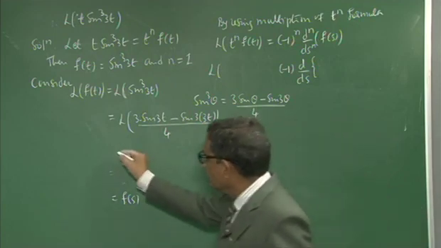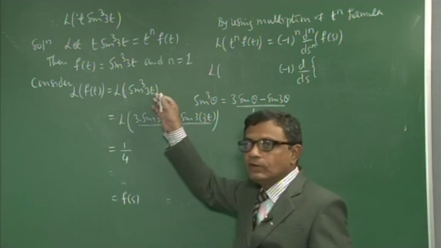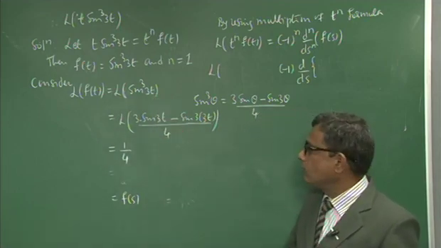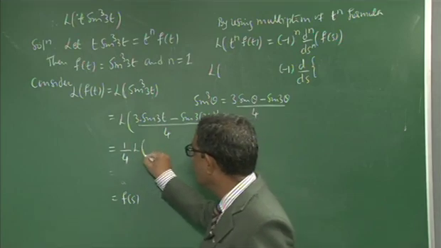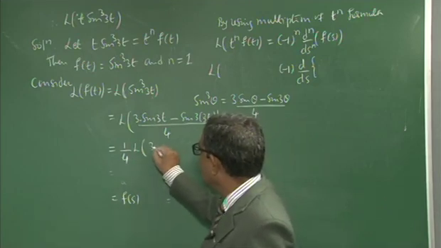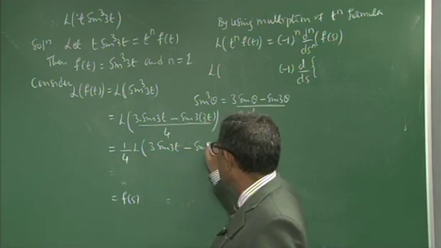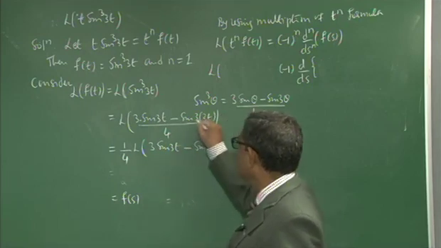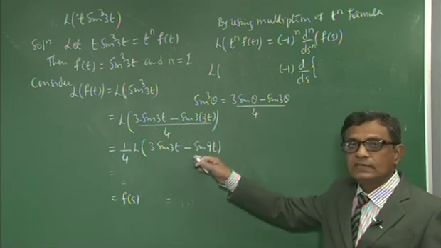Now you understood how to convert the given function into the standard form. 1 by 4 is constant, take it outside the operator, then L of 3 sin 3t minus sin 9t, 3 into 3, that is 9t. Now it reduces to the standard form.